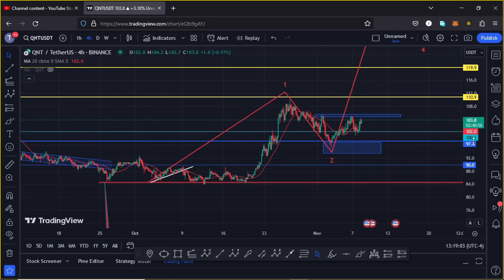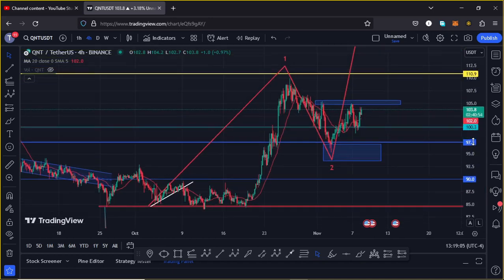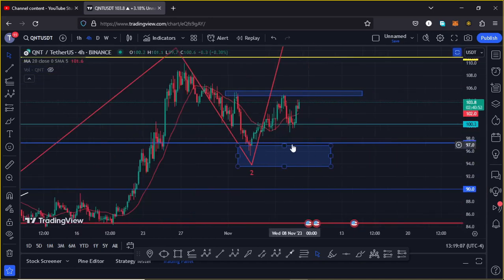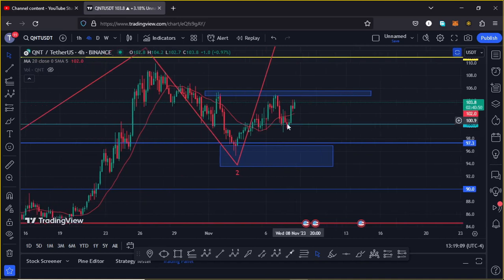We also need to have in mind that we can get rejected at our key area of resistance at around the $105 mark, and in case such a movement plays out, then I will be expecting a pullback to support at around the $100.3 mark, and as long as we continue holding above it, we can expect another bounce.